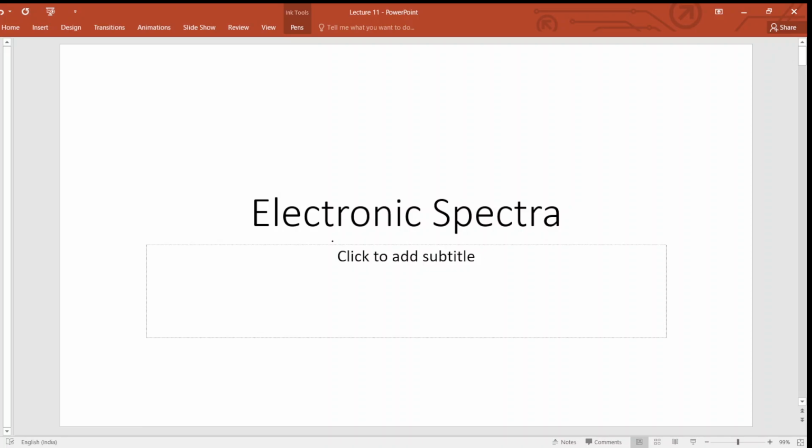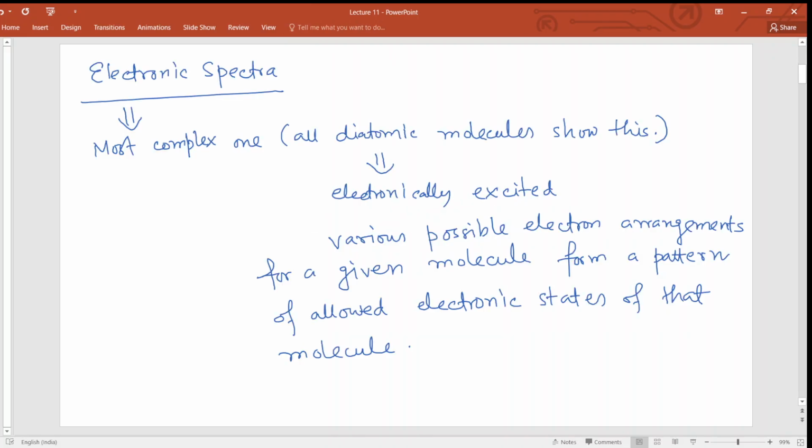So we have already seen the origin of anharmonicity. Today we will discuss electronic spectra, where all these things will also be involved somehow.